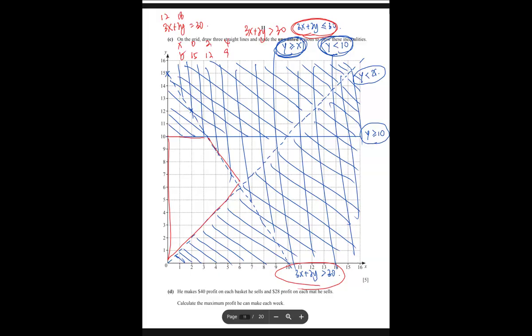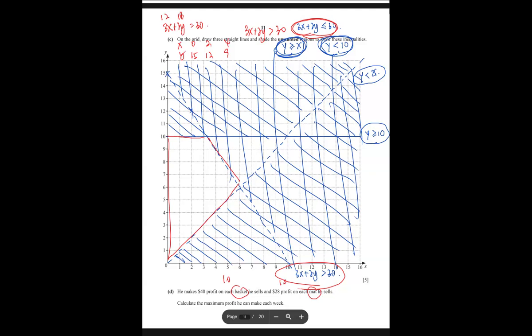Okay, now to maximize the profit, the idea is I want to make as many baskets and as many mats as I can. But realize that because he can only spend a maximum of 22.5 hours, he needs to balance out. So for example, I cannot make 10 baskets and 10 mats. Why? Because that will exceed his working time.